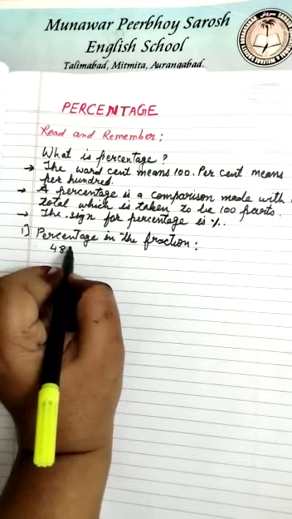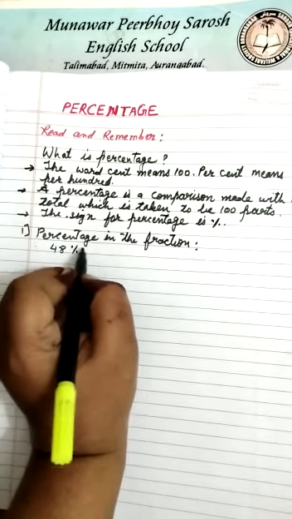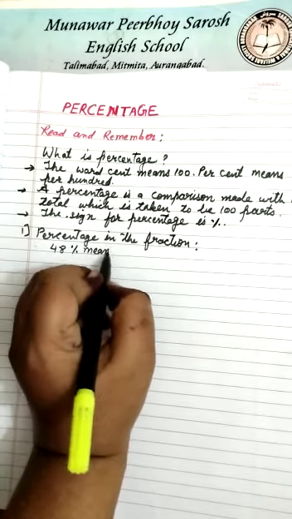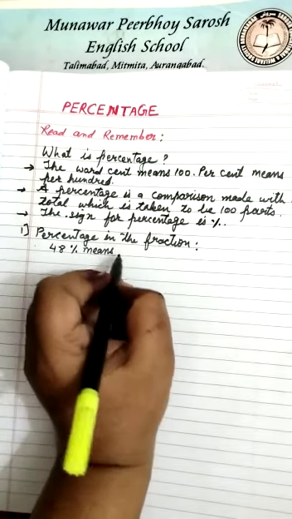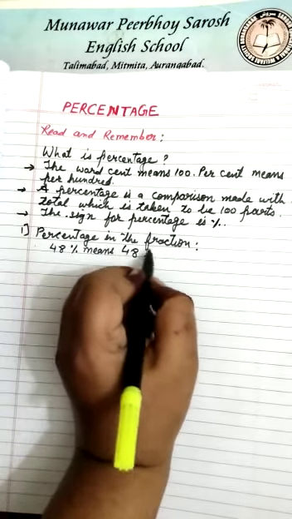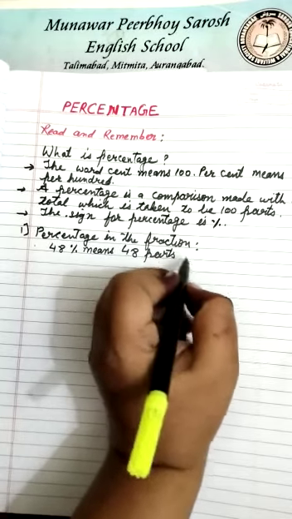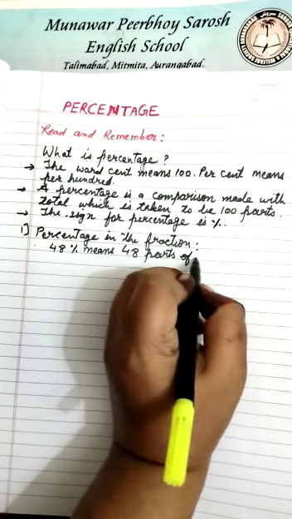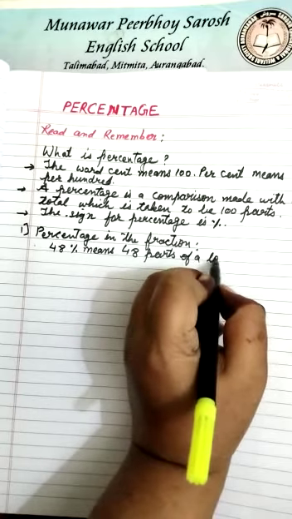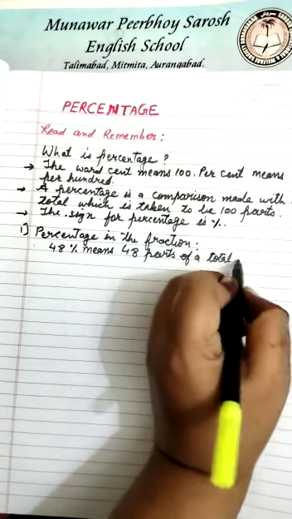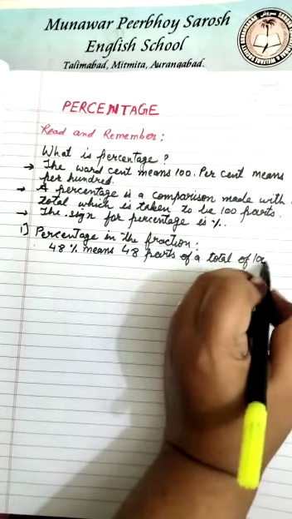For example, 48% means 48 parts of a total of 100 parts.